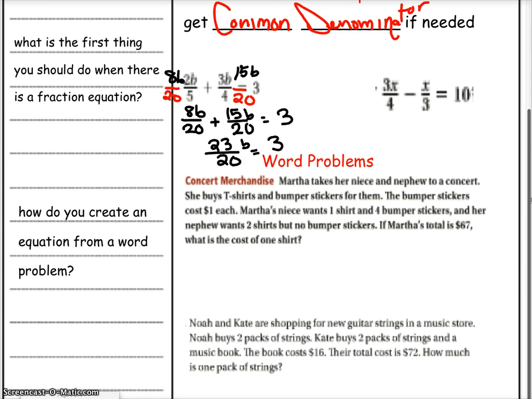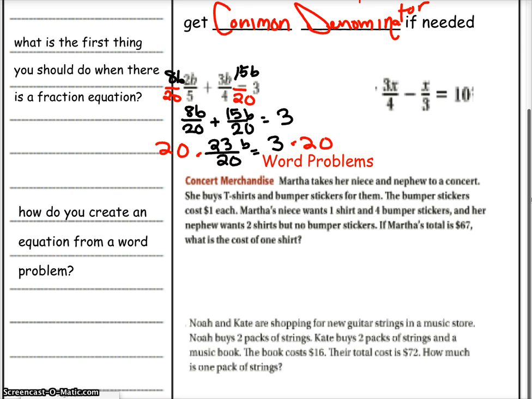How do you get rid of a fraction? We did this before. I mean, that would turn it into a mixed number. Alex? Can't you multiply by 20 on both sides, the 23b over 20 and the 3? Sure, he likes that strategy. Get rid of the bottom number.